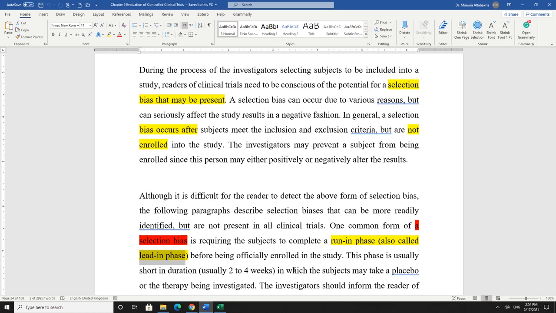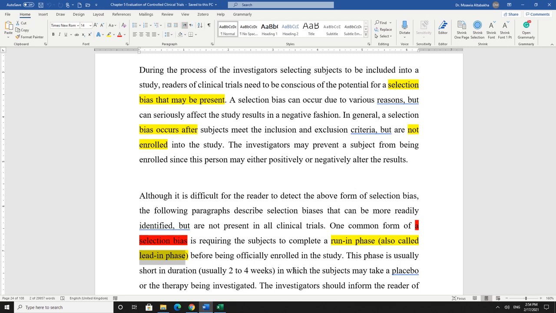sometimes selection bias is not there. Okay, for example, I'll tell you an example where there is a run-in phase and there is no selection bias. Another example, also for hypertension: I'm recruiting some subjects, they met the inclusion criteria and none of the exclusion criteria were present in them.